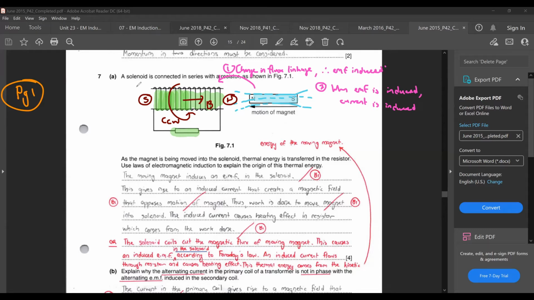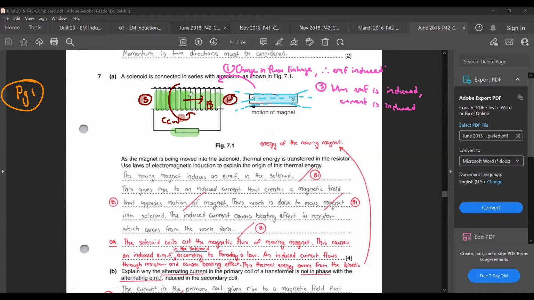Now, what is the nature of your flux change first? Is it an increase in flux linkage or a reduction in flux linkage that caused the induced current? An increase, right? So if my current is flowing in the counterclockwise direction, this one is north, this one is south.